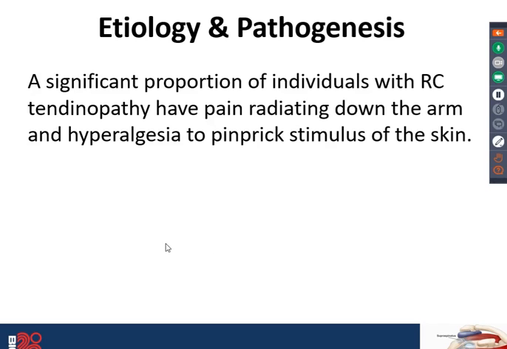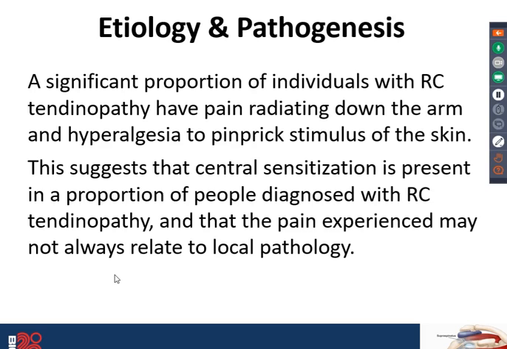But don't be surprised if, in fact, the pain is radiating down, and it may be subsequent to this condition. There may be thoughts of central sensitization going on as well. So this is important because if you have central sensitization, you'll want to treat the neck as well as the shoulder itself.